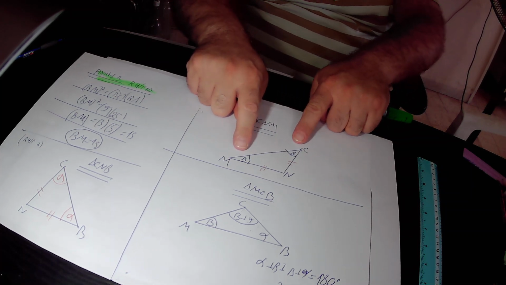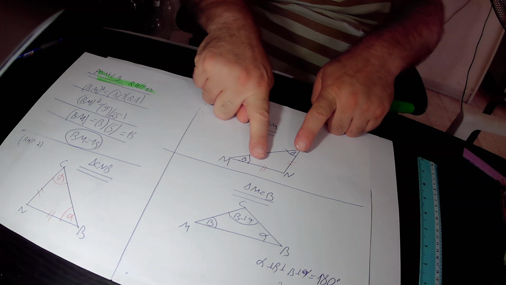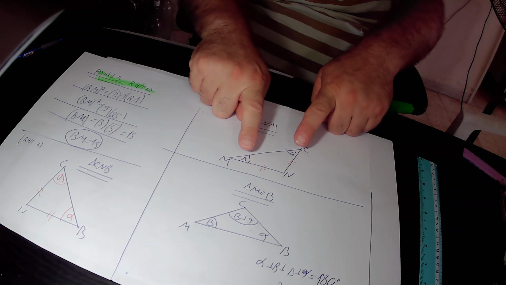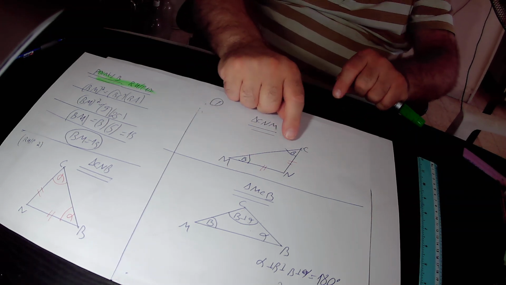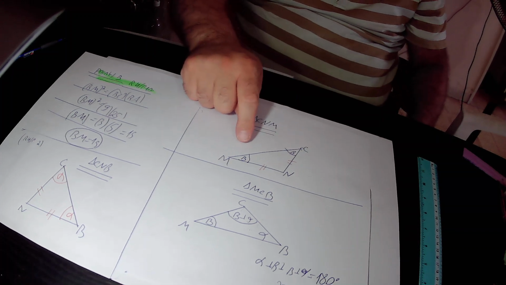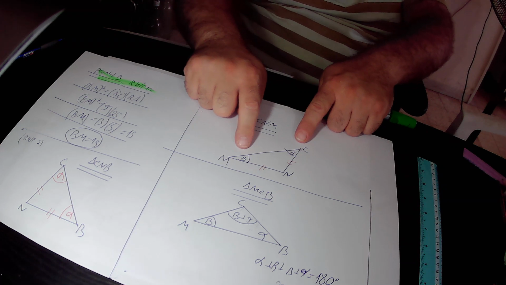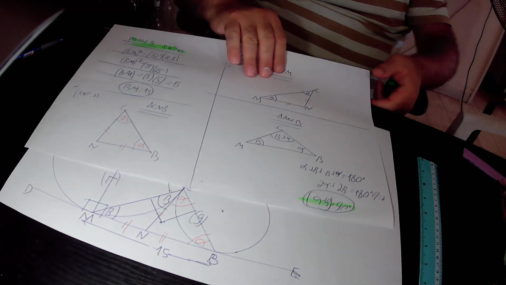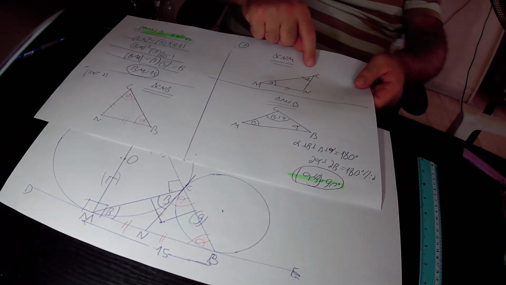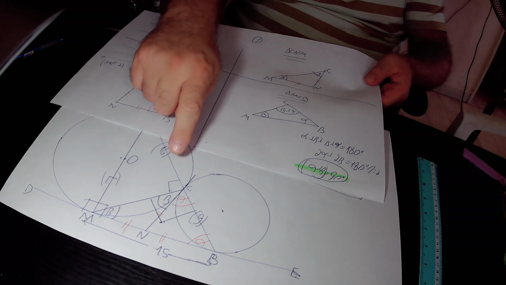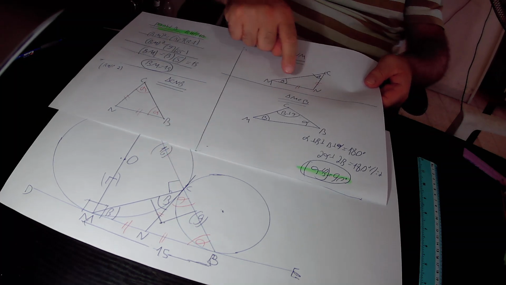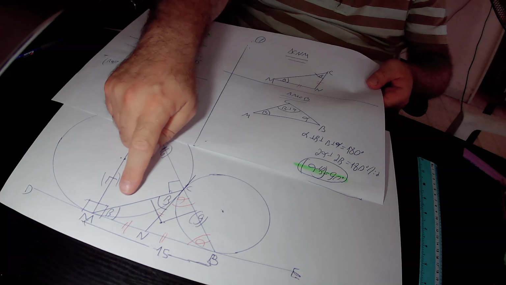Because those two angles are located in front of those two equal sides, they must also be equal to each other in their sizes. So if we define the size of this angle as beta, then the size of this angle must also be equal to beta, according to the rule that I mentioned. So in total we found out that angle NCM is beta, and angle NMC is also beta.